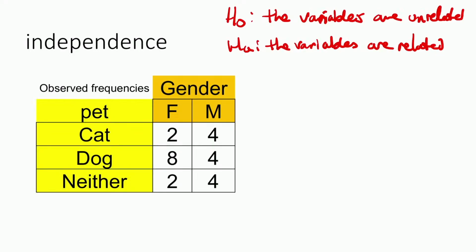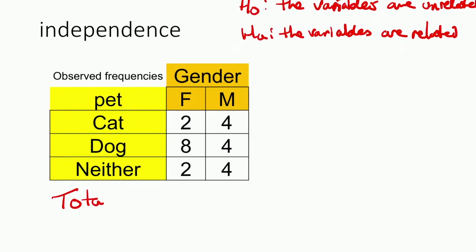What do we mean by unrelated? Well, here's one way to think of this, and here's why I massaged the numbers a little bit. You'll notice that in my fake sample, which I've changed a few of the numbers in, the total number of females is 12, and the total number of males is 12.